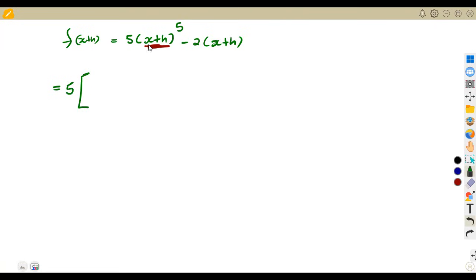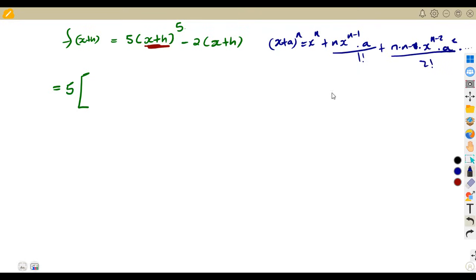If we are given x plus a to the exponent of n, it's going to be x to the exponent of n, plus n times x to the exponent of n minus 1 times a over 1 factorial, plus n times n minus 1 times x to the exponent of n minus 2, a to the exponent of 2 over 2 factorial, and so on.